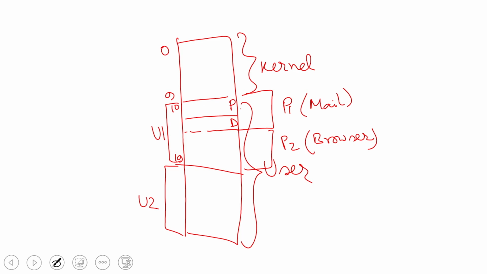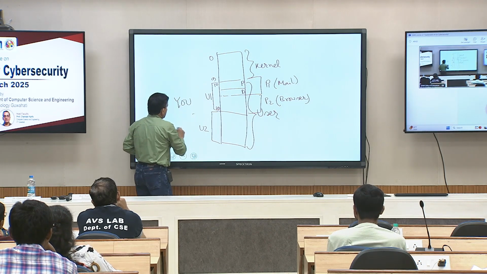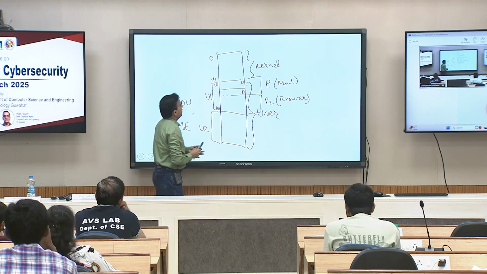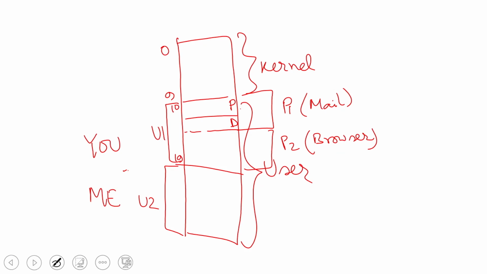Even if you are user 1, that is you, this is you and this is me, even if it is your program, between two programs, when program 1 is running, it should not be accessing any location here when it is doing load and store. Even within the same program, let us say this is a for loop or something, the corresponding binary sitting there, that code should not be accessing here, and this data should. How does that happen?